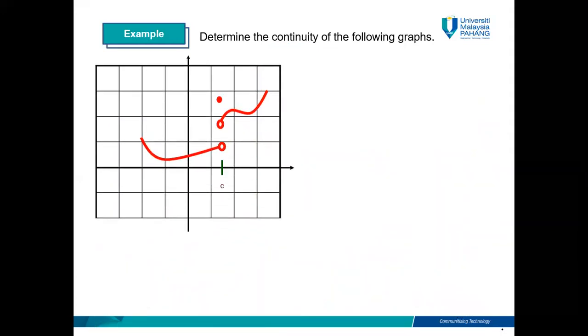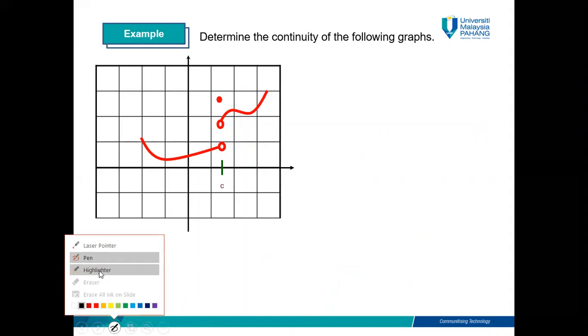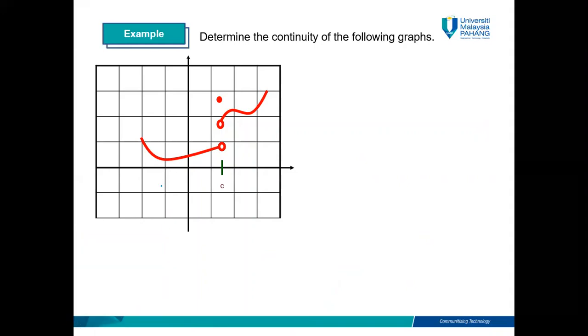Okay, lagi. This one. Macam mana? Okay, kalau you tengok dekat sini, first one. Let's say here is C. Let's say this one is E lah.